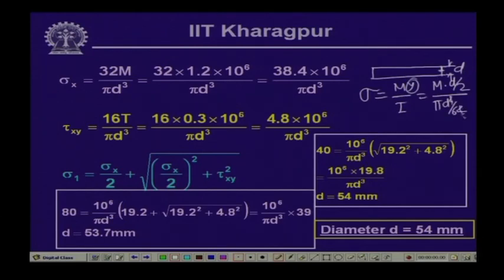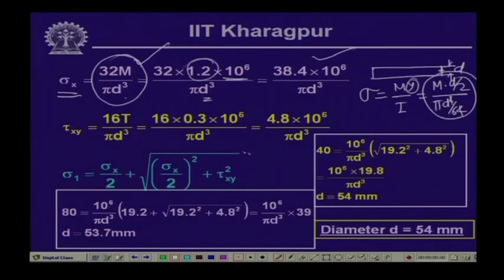If you compute it, it comes as 32 M by pi d cube, and this is what is indicated over here, that sigma x, the normal stress arising due to bending, equals 32 M by pi d cube. And here all the parameters are known, because the bending moment is given as 1.2 kilonewton meter, which is 1.2 into 10 to the power 6 Newton millimeter, and d is the parameter which we will have to define. If we compute, this comes as 38.4 into 10 to the power 6 by pi d cube.